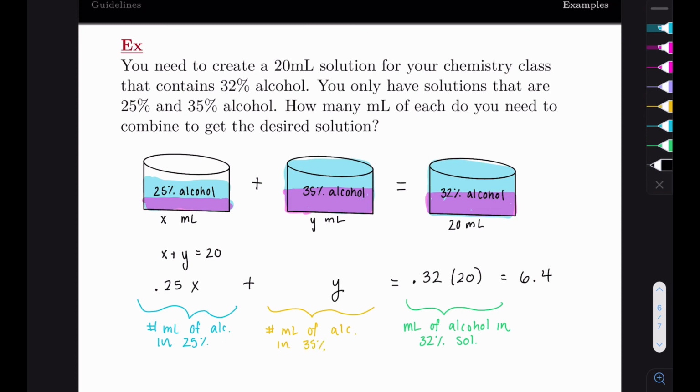So we take the milliliters of this solution that we have, and we find 35% of it. So every single time you're taking the percentage times the milliliters. And that's how we're creating this second equation.